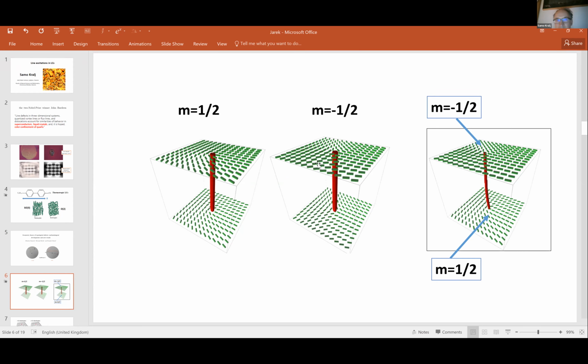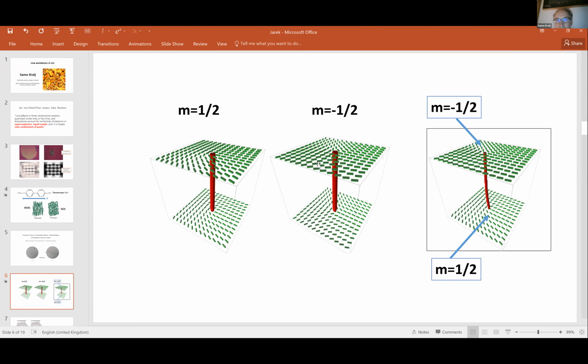And so in 2 dimensions, 1/2 and -1/2 are topologically different. But if you have 3D, then these molecules can go out of plane, and so you can continuously go from -1/2 to 1/2. So let me show you here.